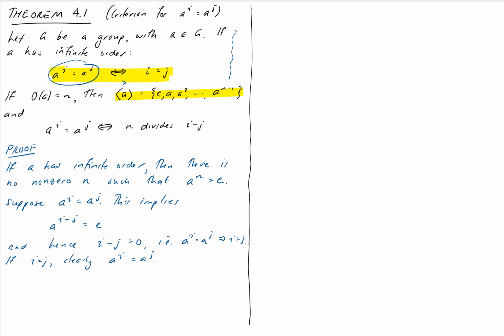Now for the second part, we'll now suppose that the order of a is equal to n. Okay, so we need to show that the cyclic subgroup generated by a is equal to the set that was provided, precisely these elements here and none other.